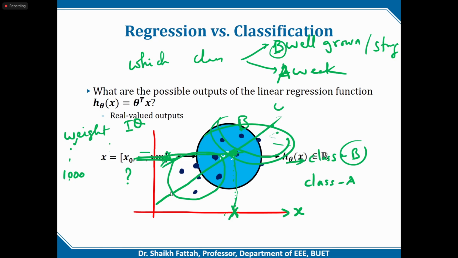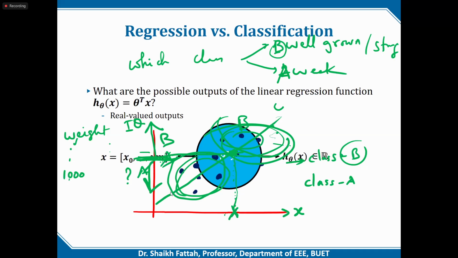For example, here I gave you a circle, but in my mind, this was the threshold. Above this is class B. Below this is class A. That was in my mind. So I give the class label based on my prediction of the IQ value.